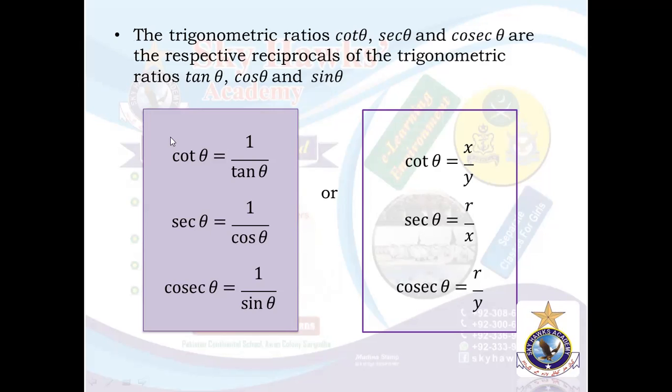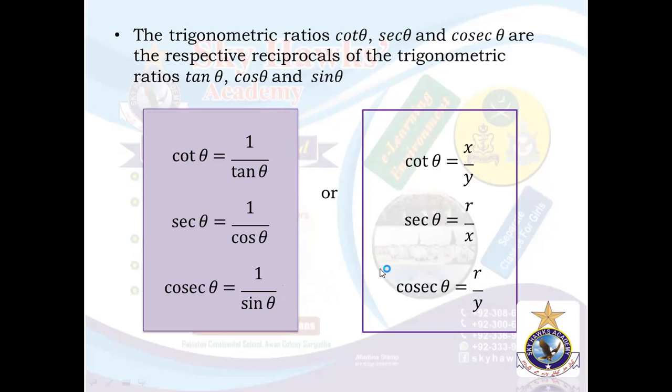Now, what is cot theta? Cot theta is 1 over tan theta, the reciprocal of tan theta. Secant theta is 1 over cosine theta, which is just the reciprocal. And then cosec theta is 1 over sine theta.